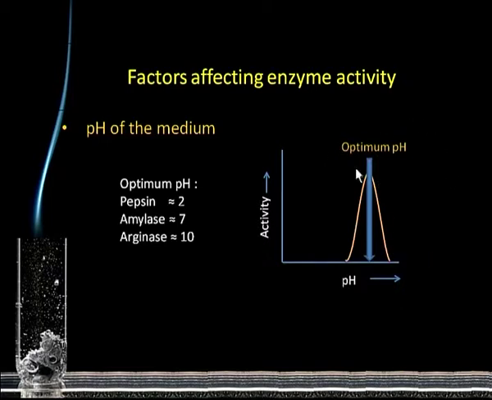So, the enzyme will function in the vicinity of the optimum pH, depending on where this enzyme resides. Different enzymes have different optimum pH values. You can see here 2, 7, 10, different enzymes have different pH values, a narrow range in which they are stable and functional.